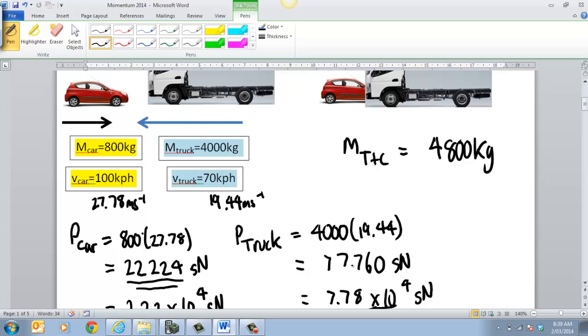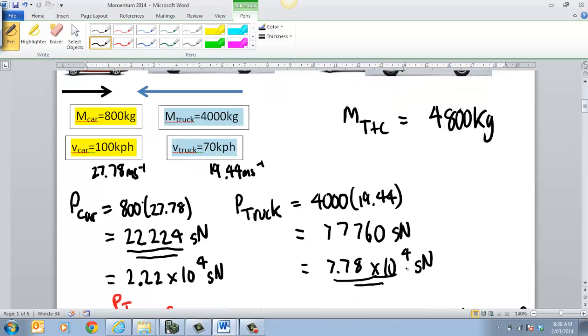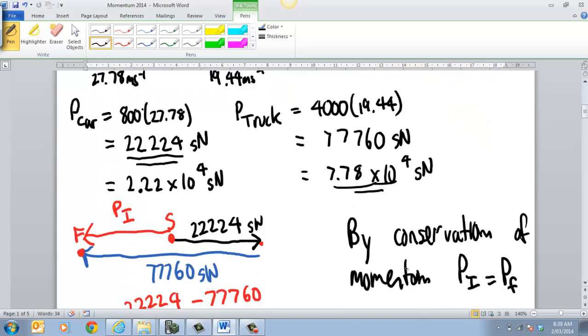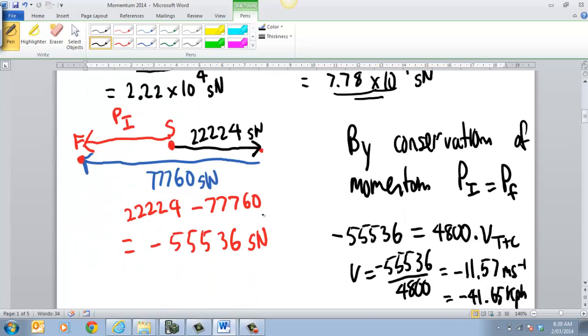It worked out to be about 22,000 kg m/s for the car and about 78,000 kg m/s for the truck. Because they're going in different directions, when you add the two vectors together, remember, tail to head, you get a vector of about 55,000 going to the left.